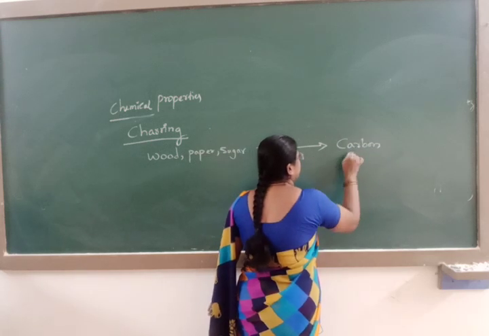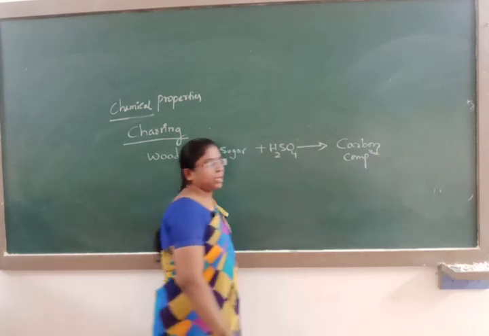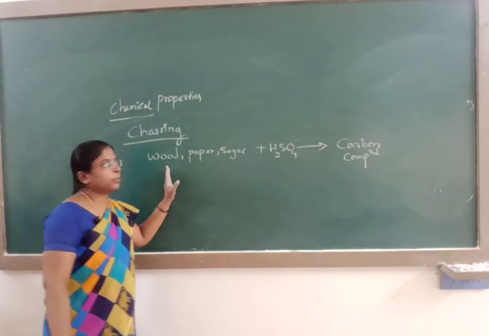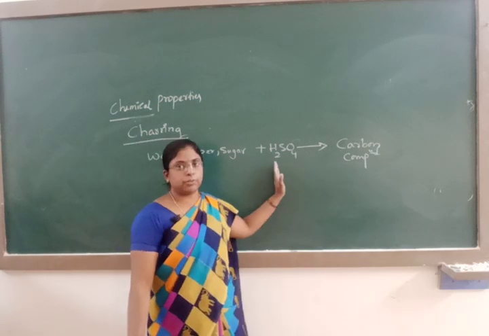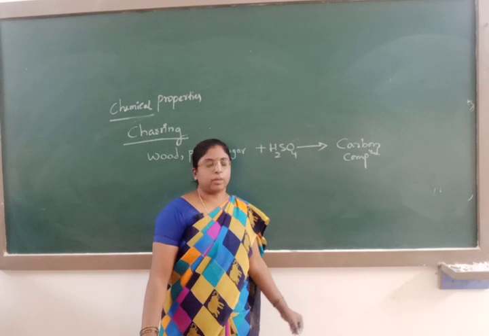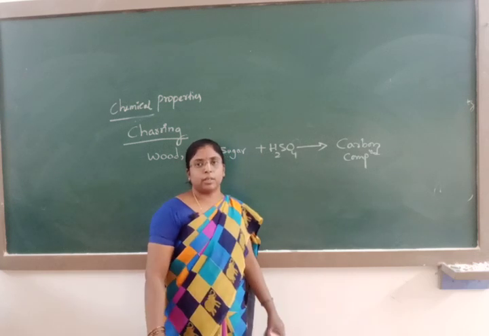This process is known as charring. Charring means when any organic compound reacts with concentrated sulfuric acid, we get the product as a carbon compound. That is nothing but char, and the process is known as charring.